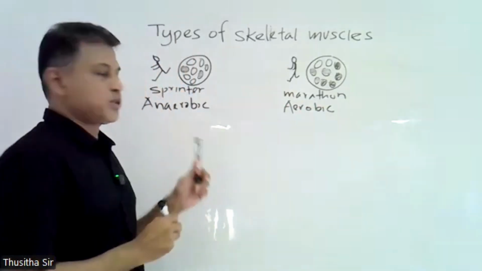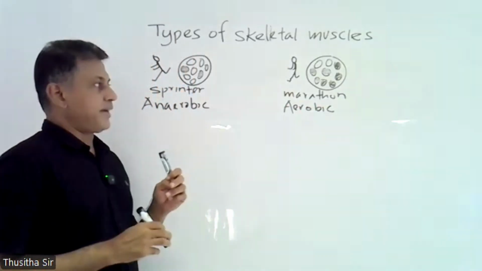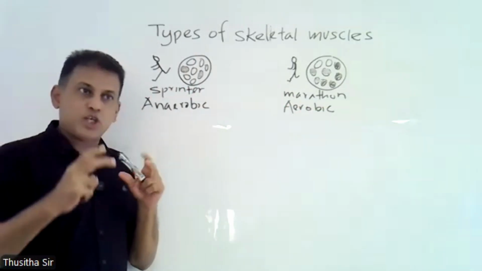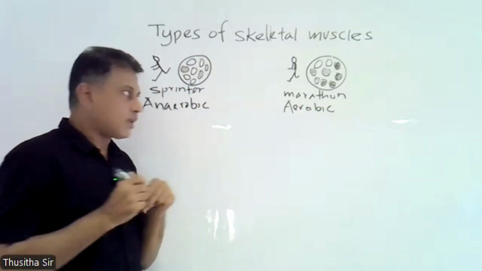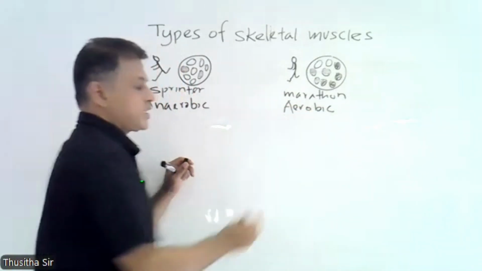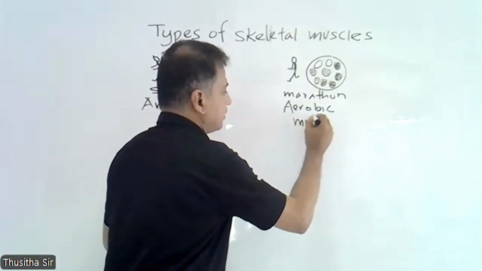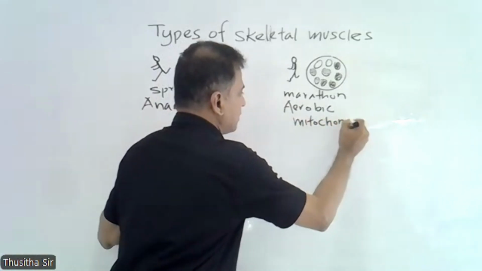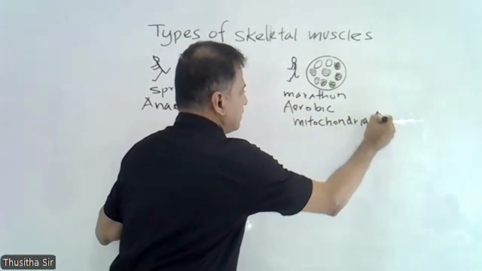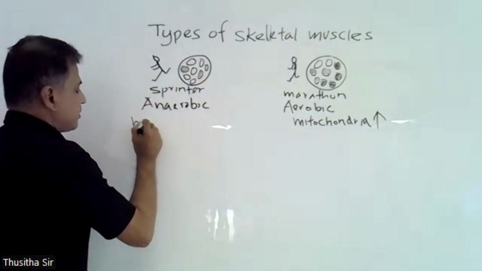Then based on these two, we can now define the structure of the muscles. So aerobic respiration needs oxygen, and they have a lot of mitochondria. And here mitochondria is less.